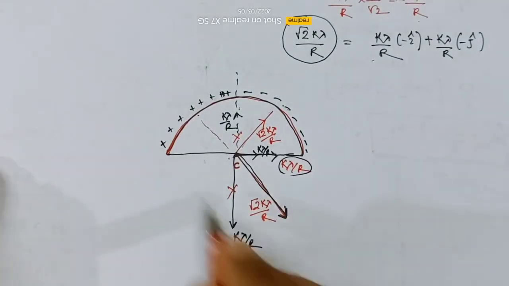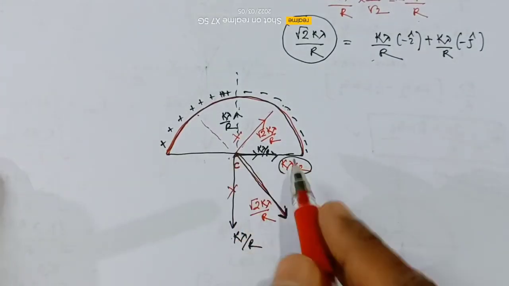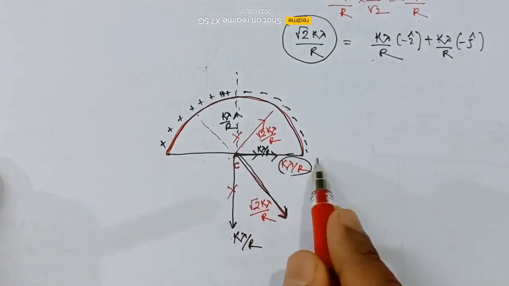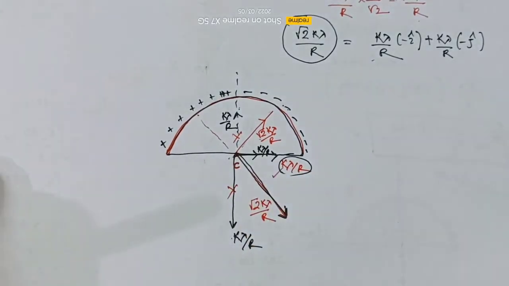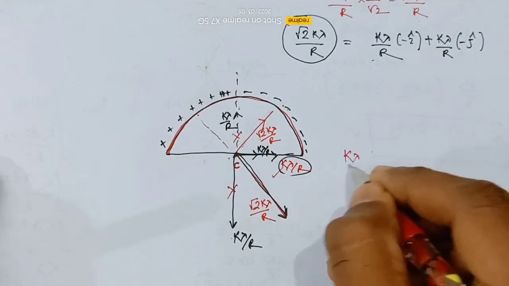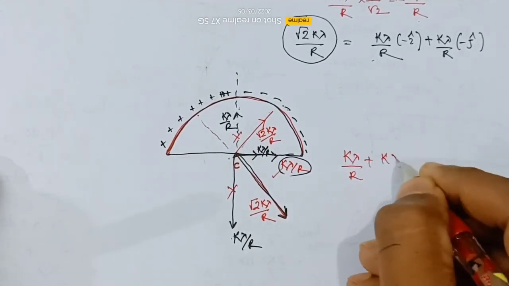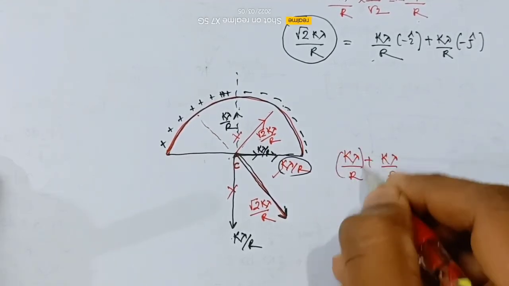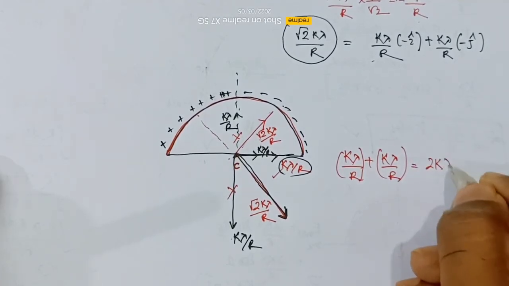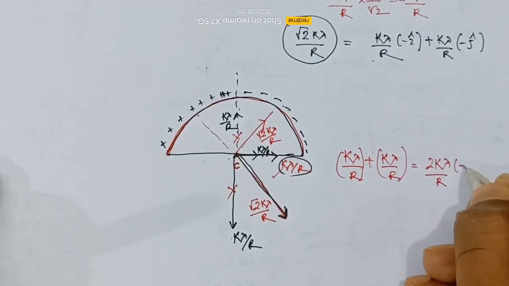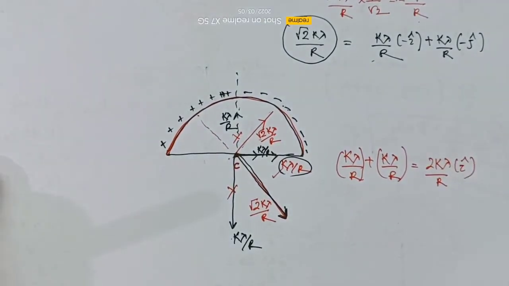So what is the net electric field? The net electric field due to this one component is k lambda by r, and due to this one, another component is also k lambda by r. So the final answer is k lambda by r plus k lambda by r, both in one direction. You can say I cap direction.